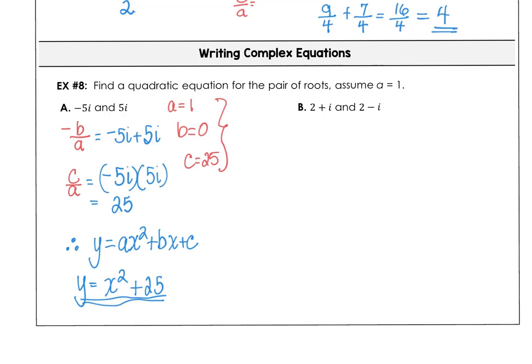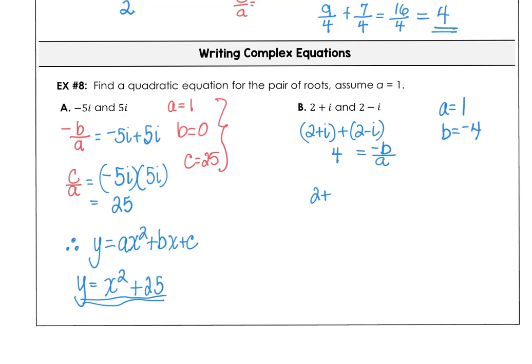Now part B, it's a little trickier, so we want to add the sum 2 plus i added to 2 minus i is going to give us 4, and that has to be the opposite of b over a, and we were told to assume a is 1, which means b is negative 4. So this is the sum of the roots to get opposite b over a.